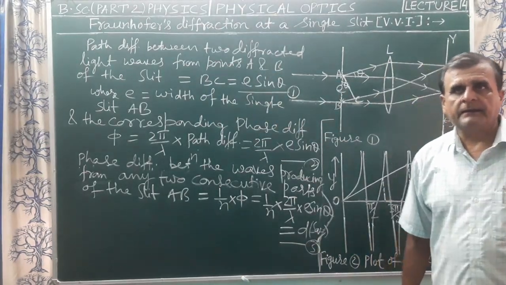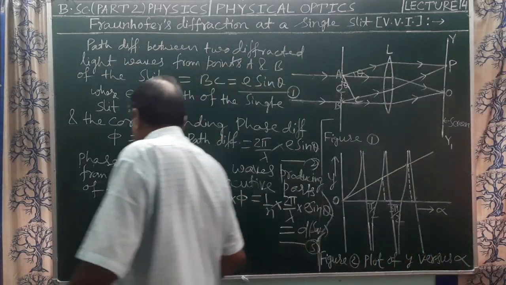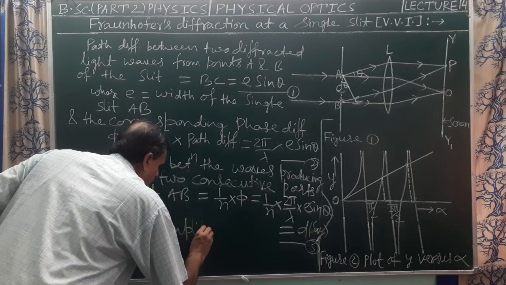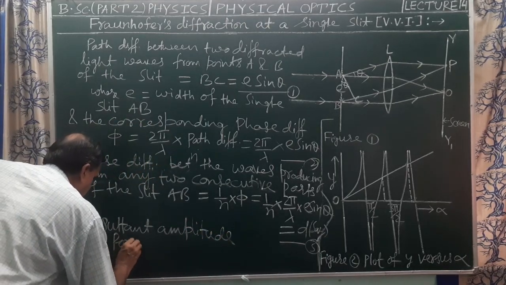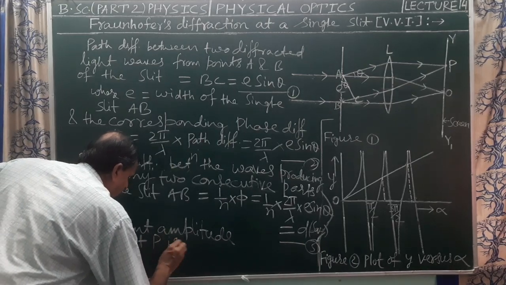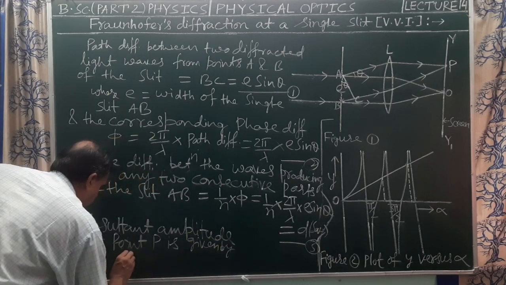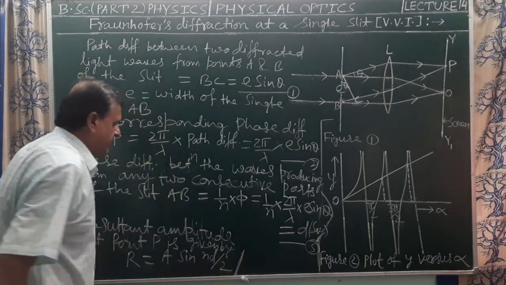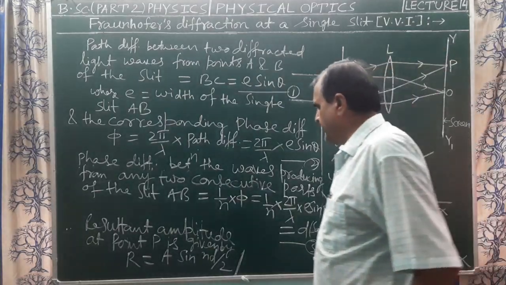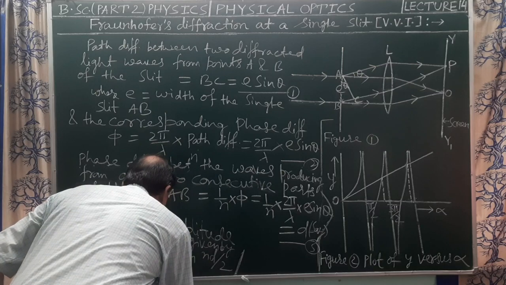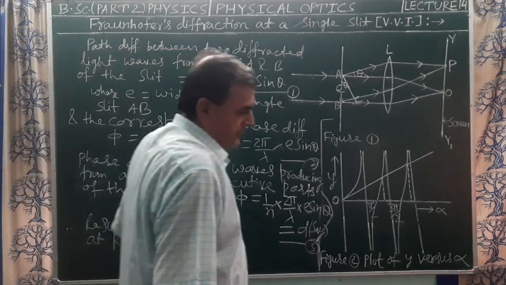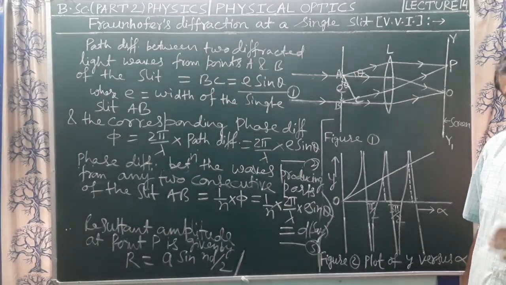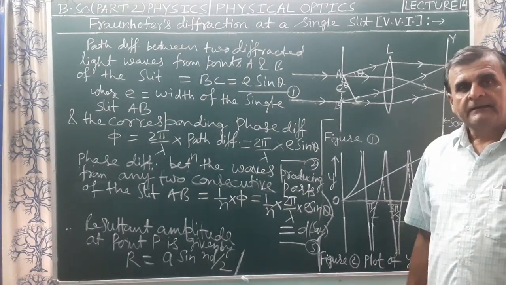Now the resultant amplitude at point P of the screen will be given by, write down, the resultant amplitude at point P of the screen is given by capital R equal to A sin(nd/2) divided by sin(d/2), where small a is the amplitude of the light wave produced from each part of the slit when we divide single slit AB into n equal parts. तो each part से प्रोड्यूस होने वाले सेकेंडरी वेवलेट का amplitude small a है.